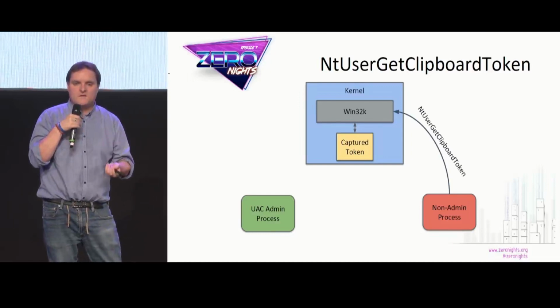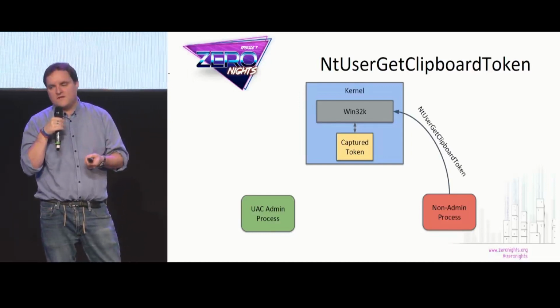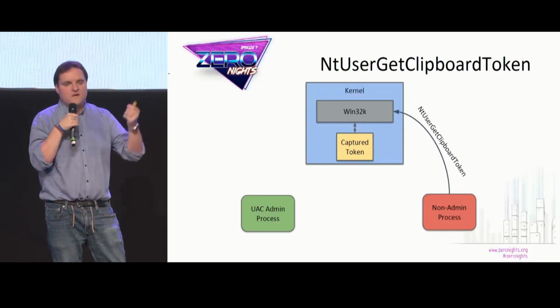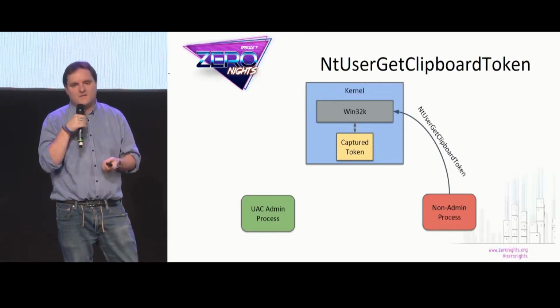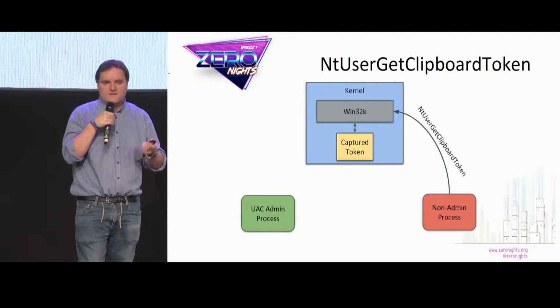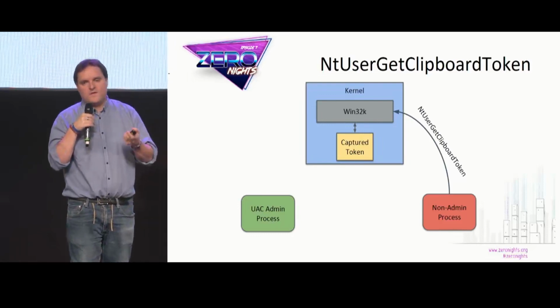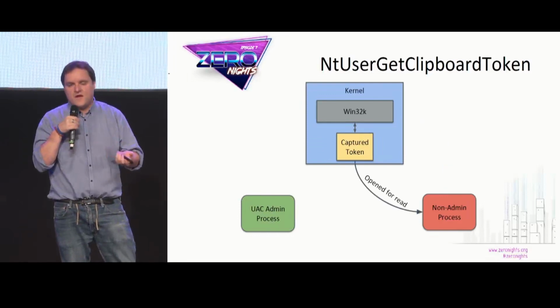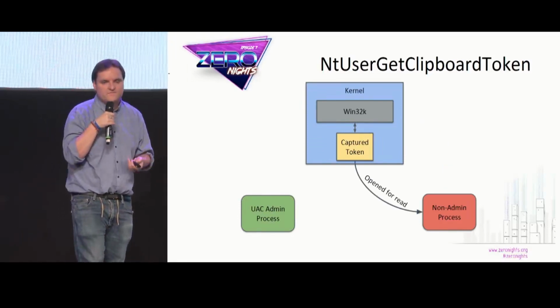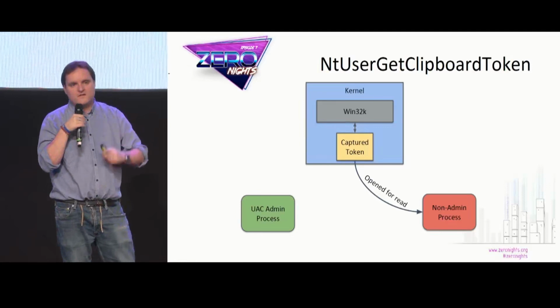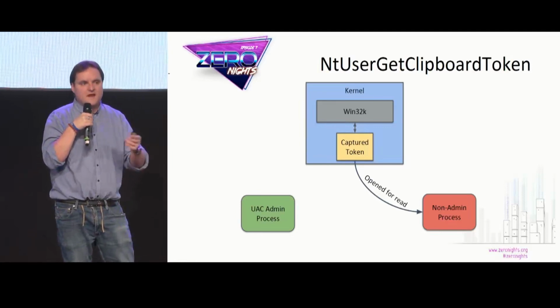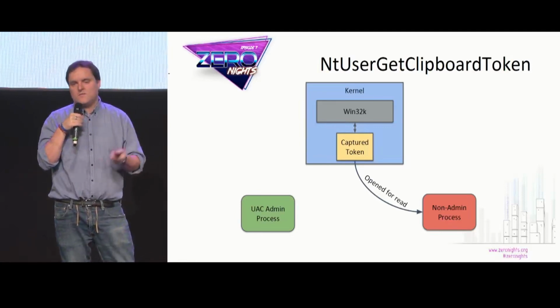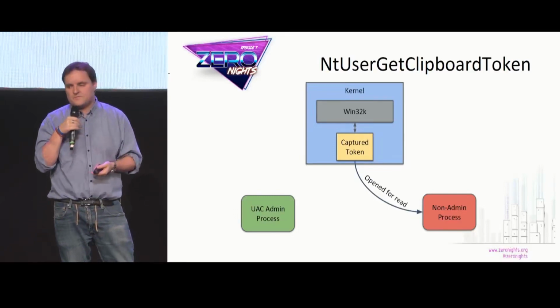And what that allows you to do, as a non-administrator user, is query a reference to that captured token. And it just so turns out, because of the way the access control list is secured, and you've got this logon SID, you get read access to this access token. So effectively, you've now got a handle to the admin access token, which in theory shouldn't be easily possible to do.